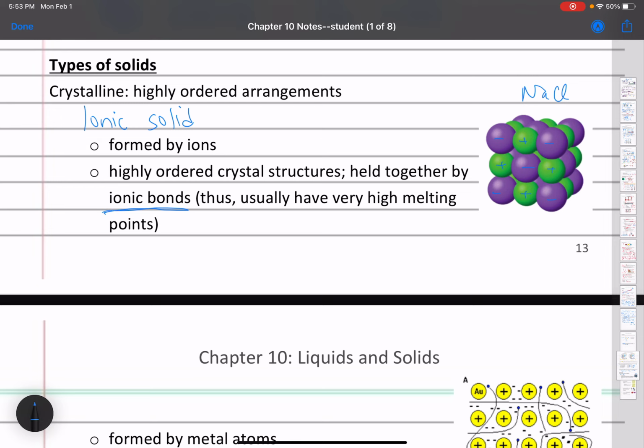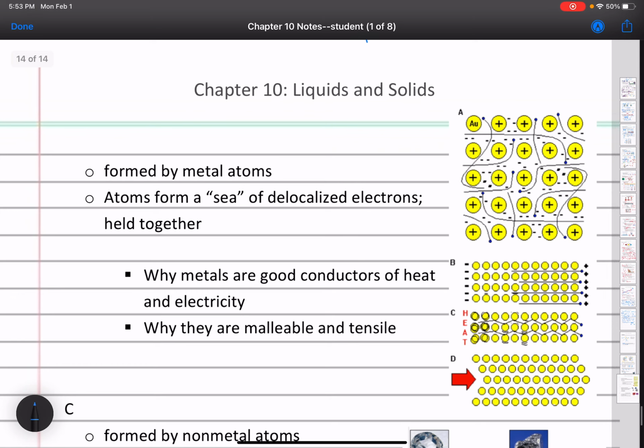Ionic bonds are very strong, and so it requires a lot of energy to disrupt them. So salts tend to have very high melting points. Sodium chloride, table salt, will melt if you get it hot enough, but it has to be pretty darn hot. Metallic solids is the next type of solid material.